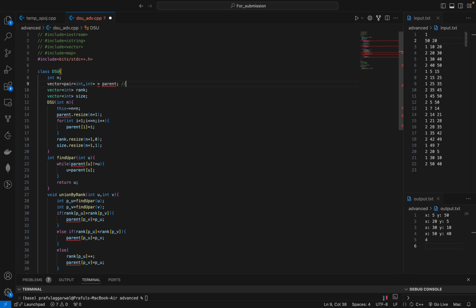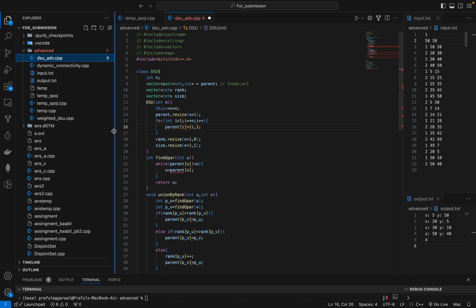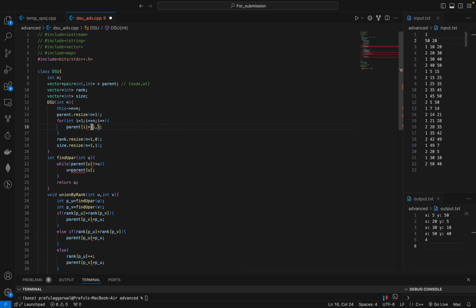The first number of the pair will be the parent node, and the second one will be the weight by which the node is attached to the parent. Initially, every node is the parent of itself, so the weight will be 0, right? So we make a pair.